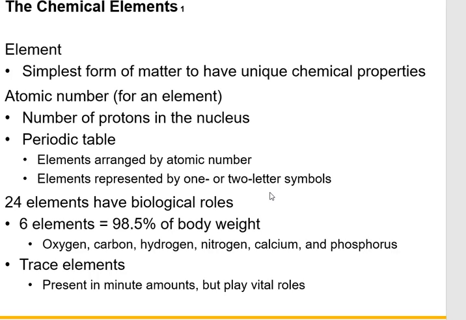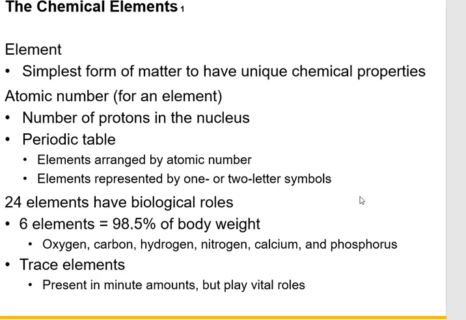Now, interestingly enough, out of that whole periodic table, there's only about 24 of them that make any difference whatsoever in our body. And of the 24 elements, 98.5% of us is oxygen, carbon, hydrogen, nitrogen, calcium, and phosphorus.